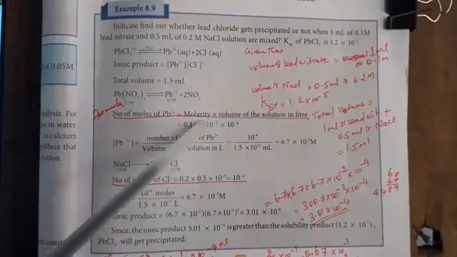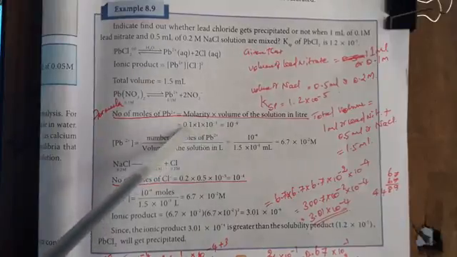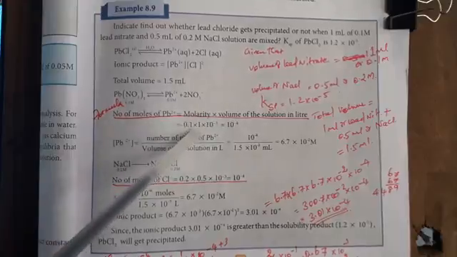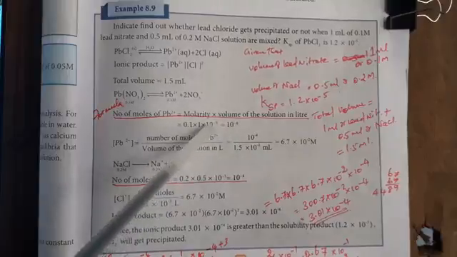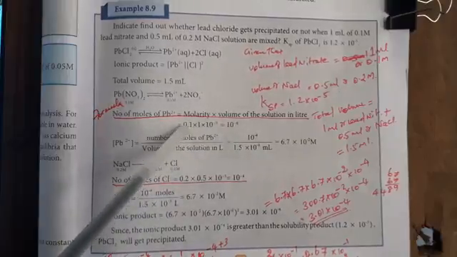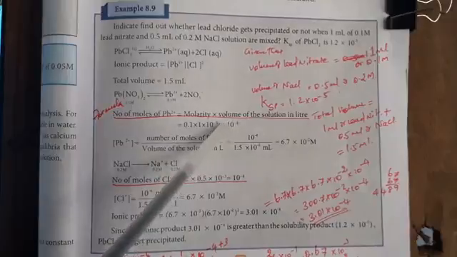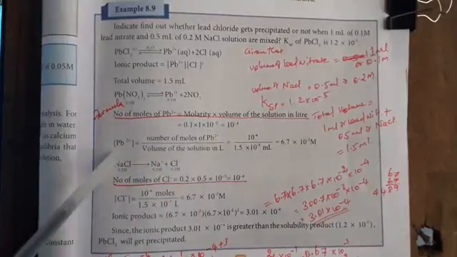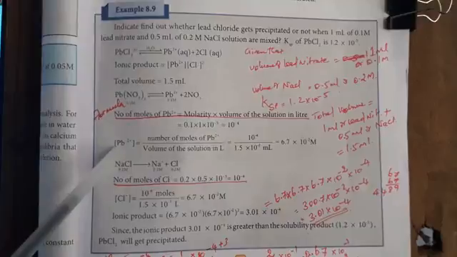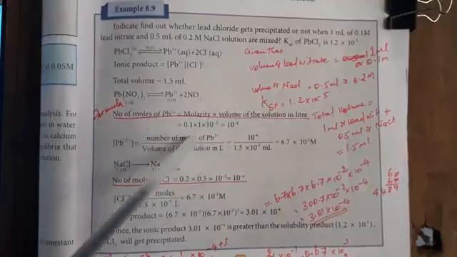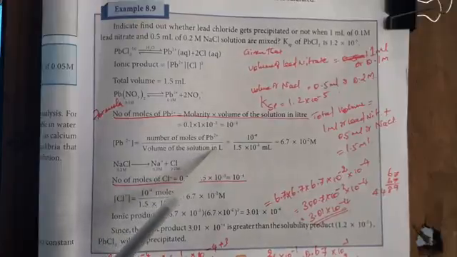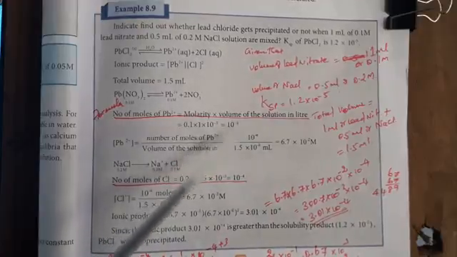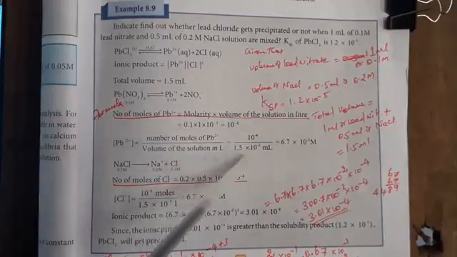We give the ml, 0.1 ml is converted to liter. So 10 to the power of minus 4, 10 to the power of minus 3, already 1 is there, therefore minus 4. Okay. Next, lead 2 plus ion concentration is equal to number of moles of lead 2 plus and volume of the solution in liter. So number of moles 10 to the power of minus 4 divided by volume 1.5 into 10 to the power of minus 3.